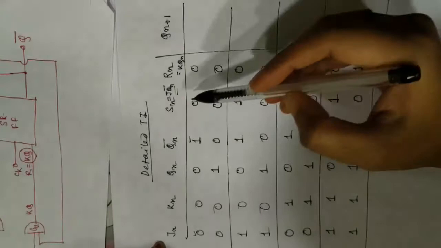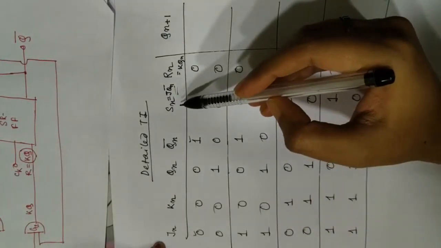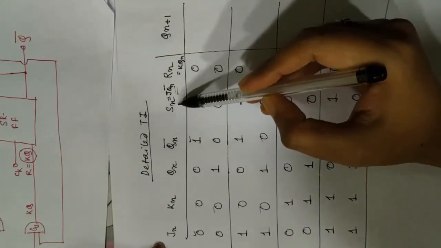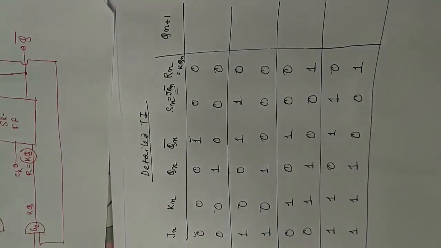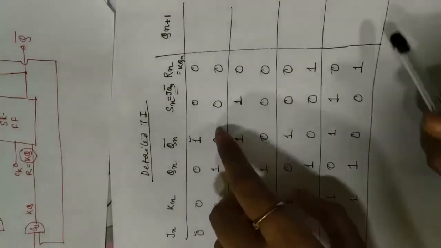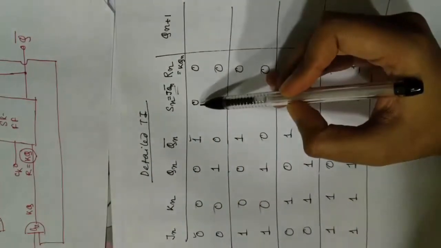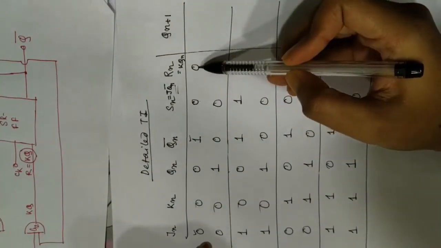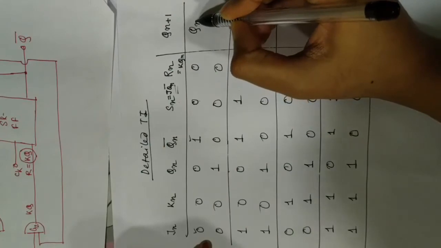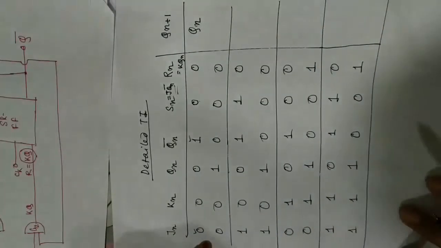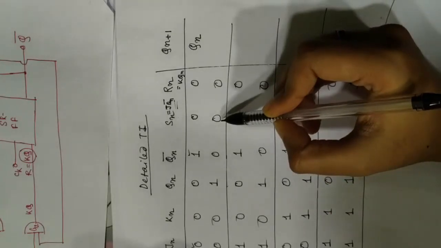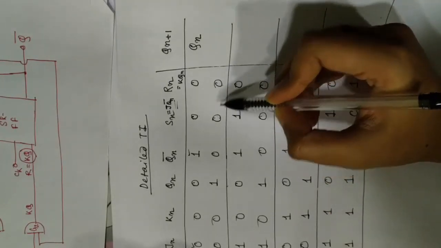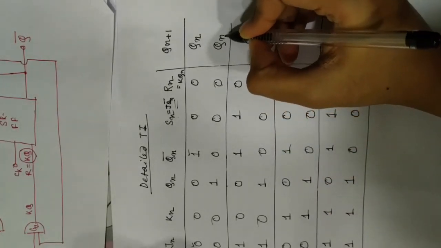So now we have found the inputs to the SR flip-flop, that is S and R. So now straight away we'll go to the truth table of SR flip-flop and we'll find out the output. When the inputs of a SR flip-flop are 0 and 0, the output is Qn. We know that, we have just found out in case of SR flip-flop, right? Similarly over here, both the inputs are 0, so our output is Qn.